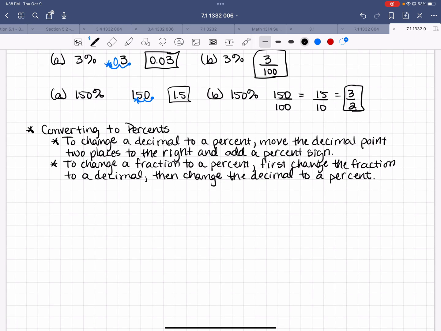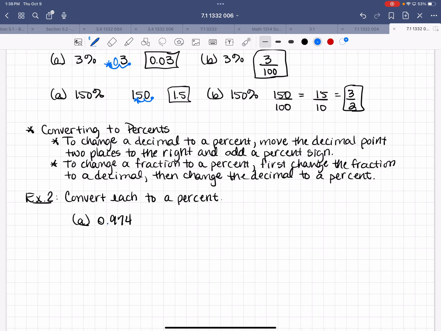So let's look at example 2. We have convert each to a percent. Okay, so I have 0.974. Okay, so it tells me to change a decimal to a percent, move the decimal point 2 places to the right.